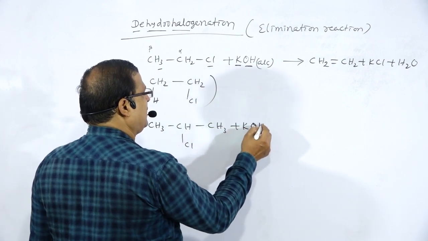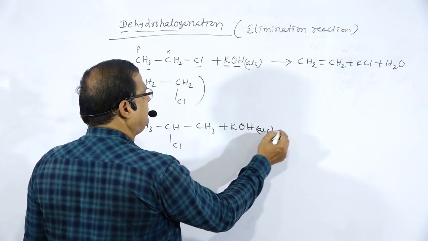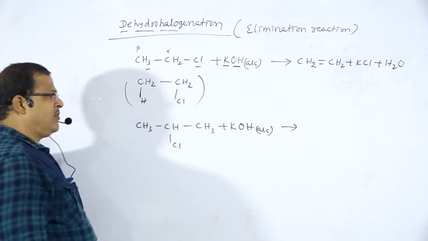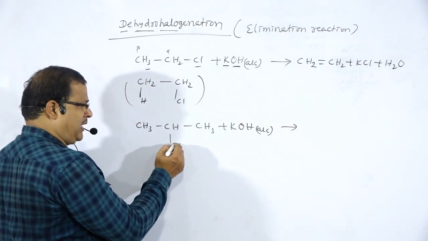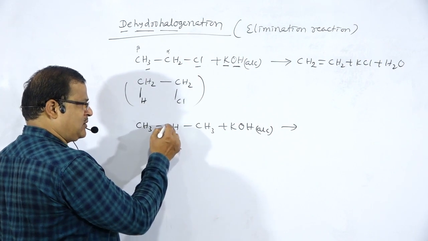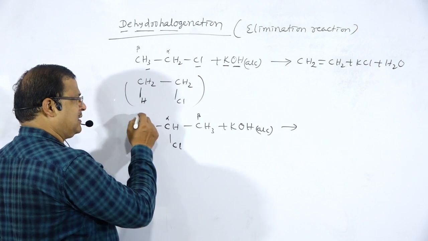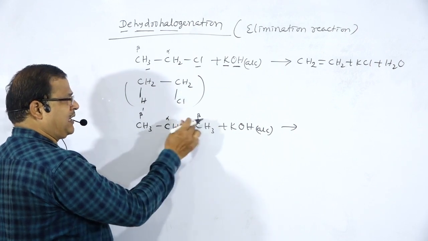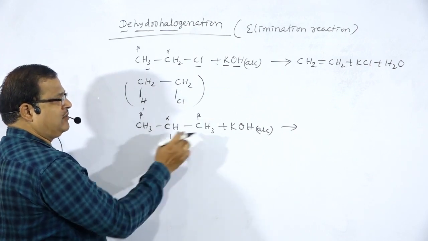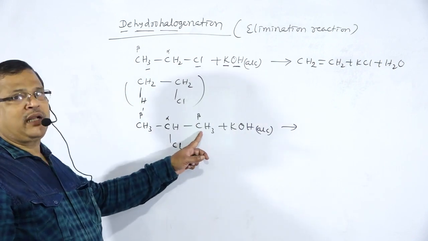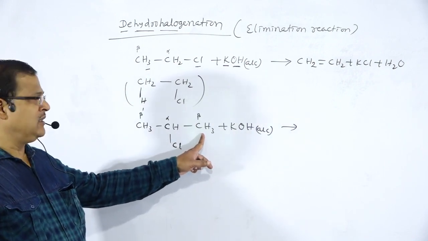If we take another example, CH3-CHCl-CH3, treated with alcoholic KOH. This is the chlorine atom attached to this alpha carbon atom, and this is the beta carbon atom. The beta carbon atom contains the beta hydrogen atom, so beta elimination.